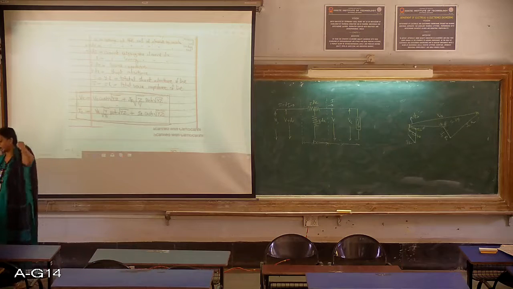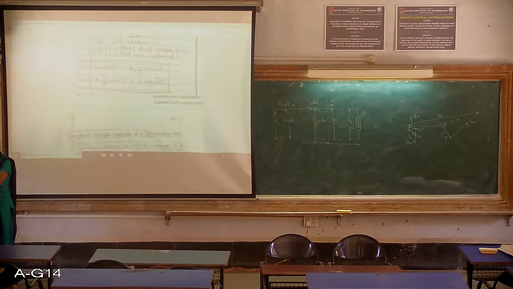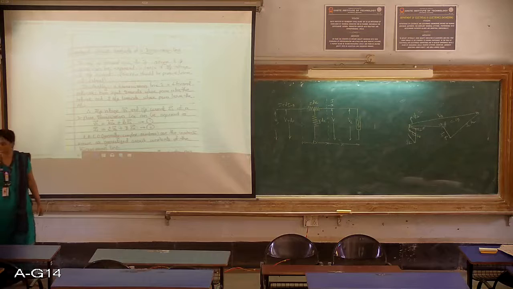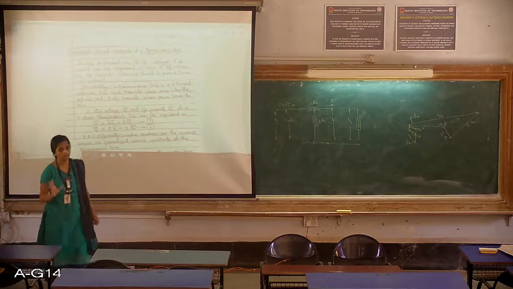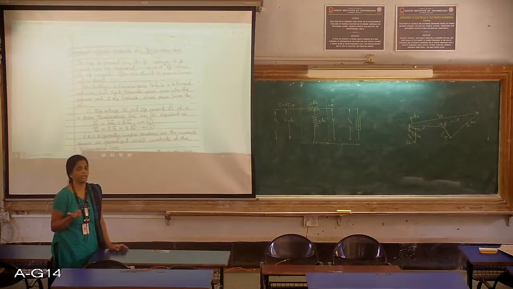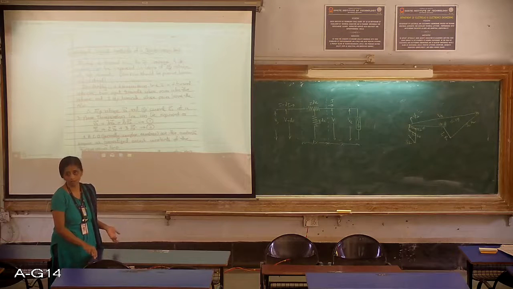The next most important and very interesting thing which we have to study is the generalized circuit constants of a transmission line. In your network analysis you all have studied two-port networks. The same analogy we are going to apply here for the transmission line.